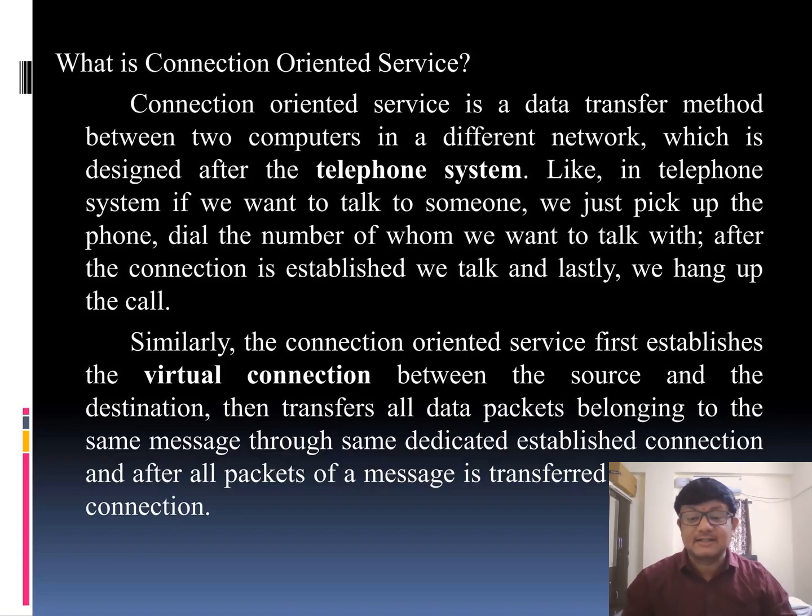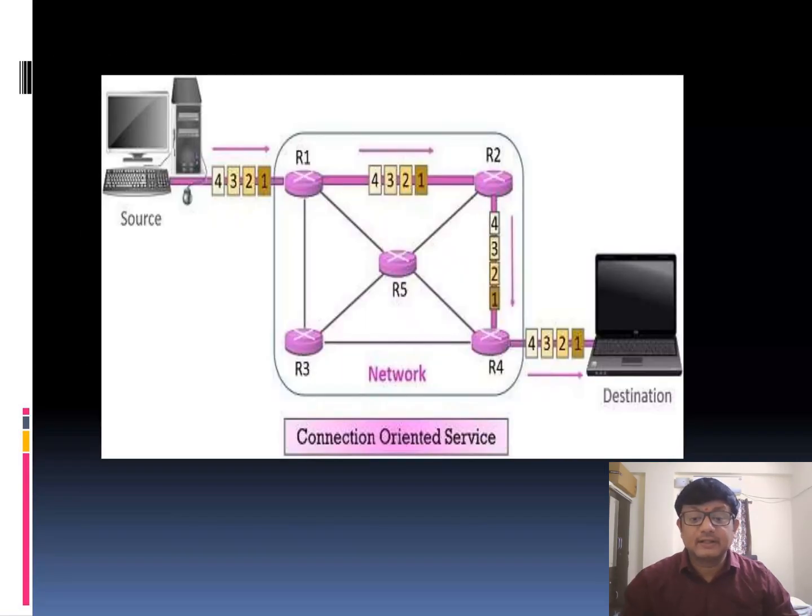Similarly, the connection-oriented service first establishes the virtual connection between the source and the destination, then transfers all data packets belonging to the same message through the same dedicated established connection, and after all packets of a message are transferred, the connection is terminated. So here we can see how this connection-oriented service is going to work.